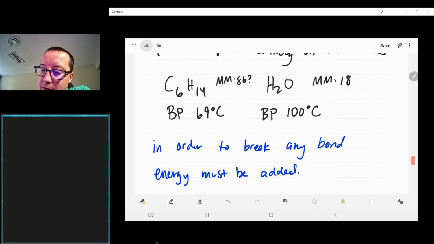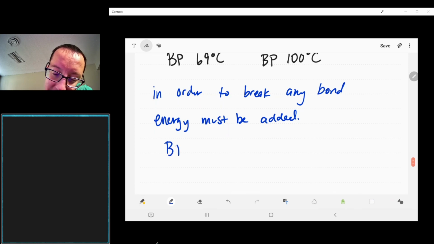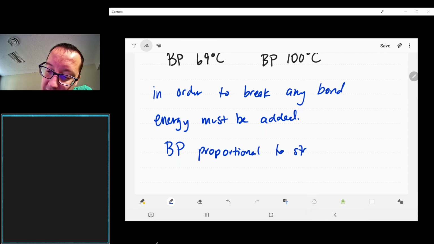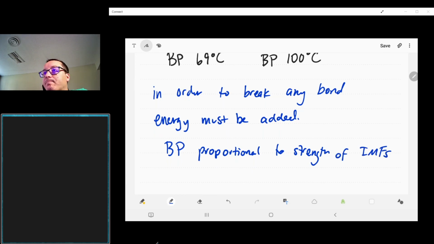And so the boiling point, which is the temperature at which a liquid becomes a gas, is proportional to the strength of intermolecular forces as a result.